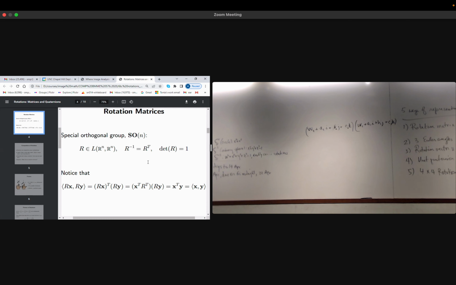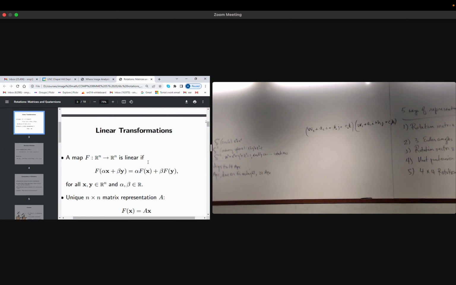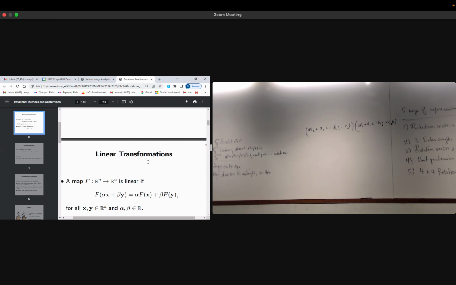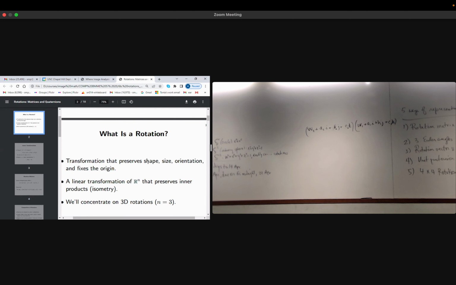that it leaves sizes the same. So you put in something of size t, and you apply the quaternion, you get the same size vector out.